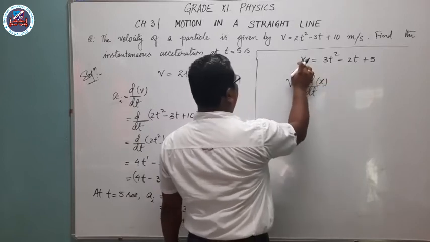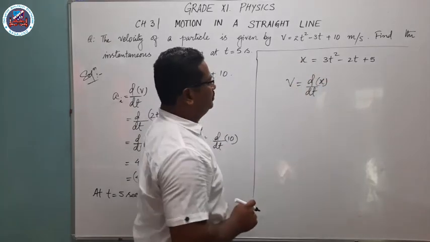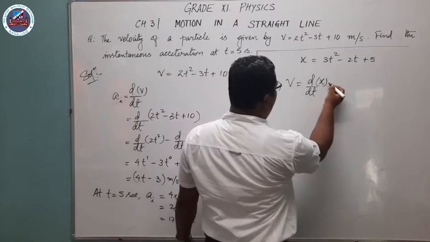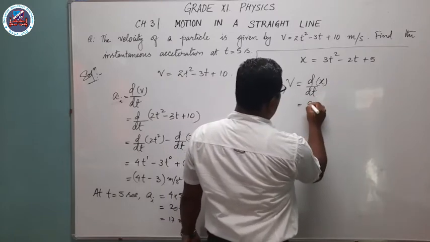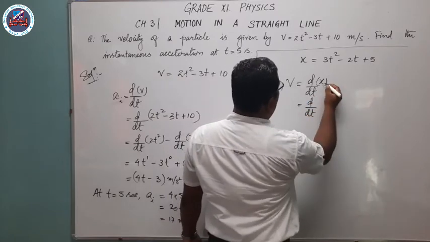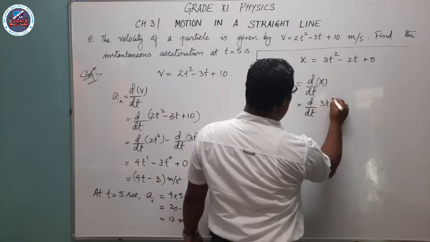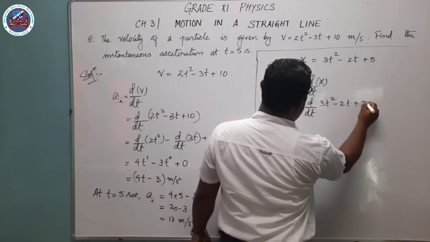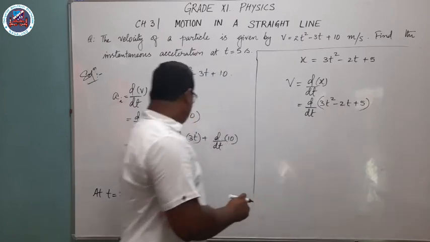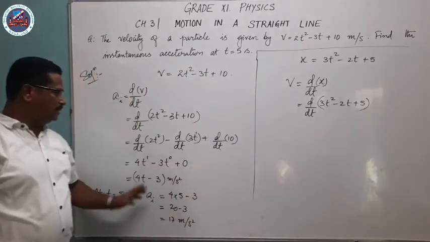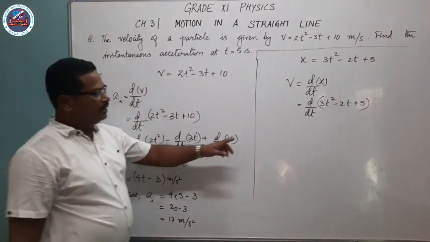This is position x, or displacement. So if you do d/dt of x, x is 3t square minus 2t plus 5. After learning how to do it in parts like this, it's not necessary always to write it down like this. This way also you can do.